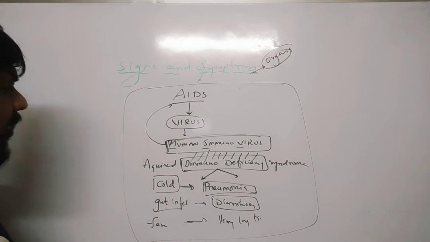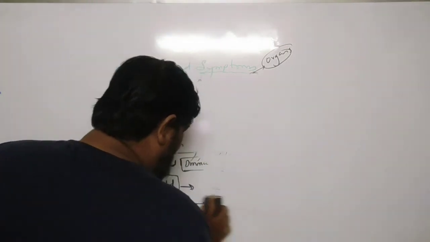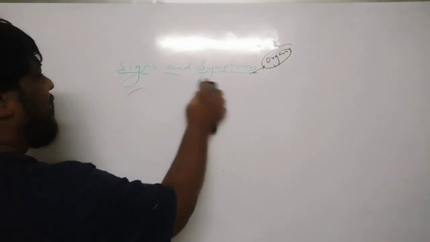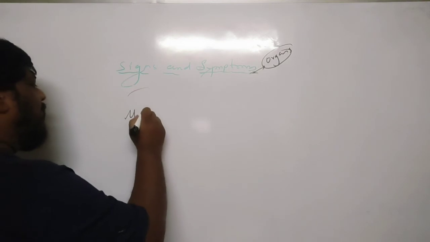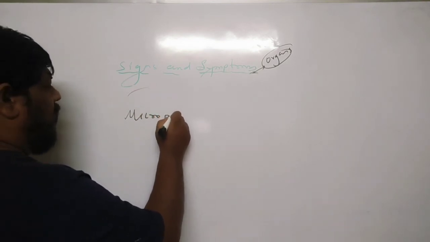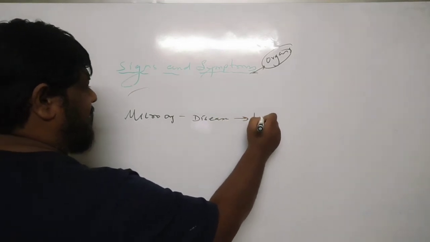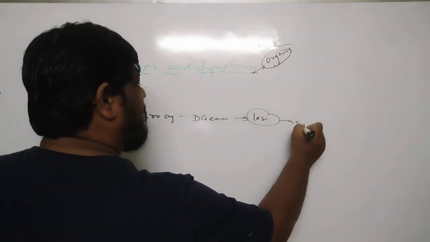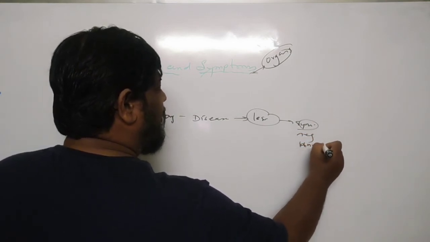Now, because of this, we can conclude with one particular point. If the disease causing microorganisms in our body are few, then symptoms will be very less and negligible, and they will go unnoticed.